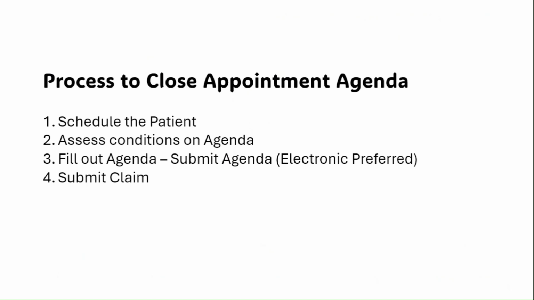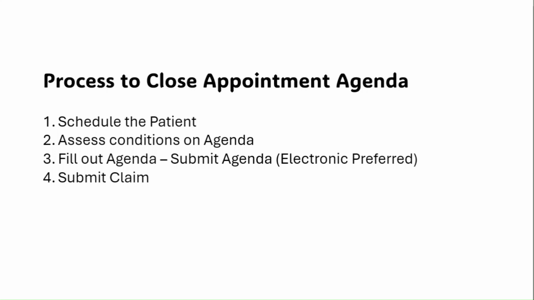Let's discuss this 4-step process to close an appointment agenda. So whenever you see that a patient has a care gap type appointment agenda, then you have to follow this process. You schedule that patient and assess the conditions on the agenda, let the provider fill out their agenda, and submit the agenda electronically.